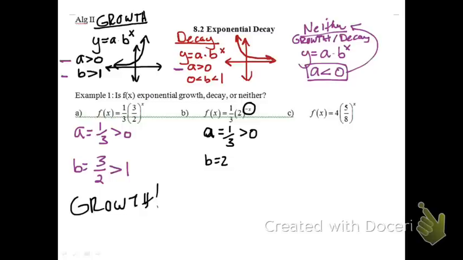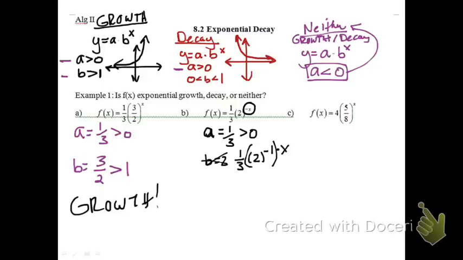So if we had to rewrite this with a positive x, we would do the following. Think of it this way: it's 1/3 and then 2 raised to the negative 1 times x. Would you agree that's the same as 1/3 times 2 to the negative x power? I hope so, because it is. You just multiply the x and the negative 1 to make negative x.